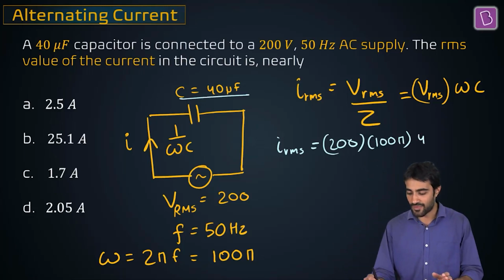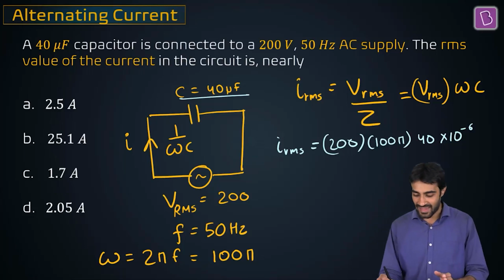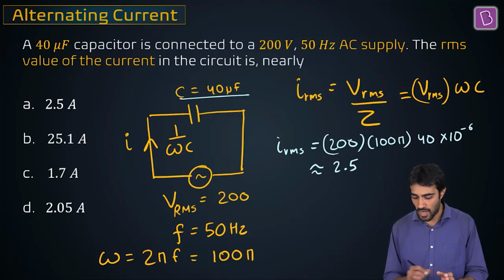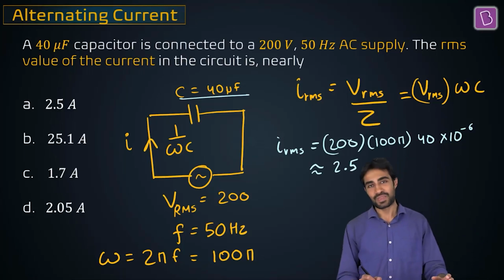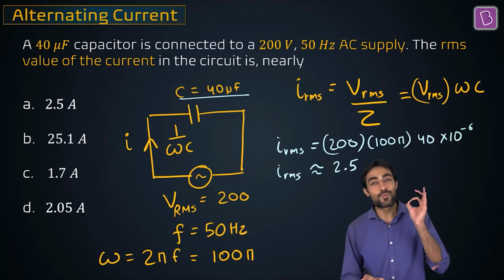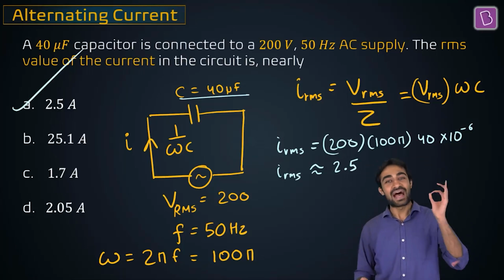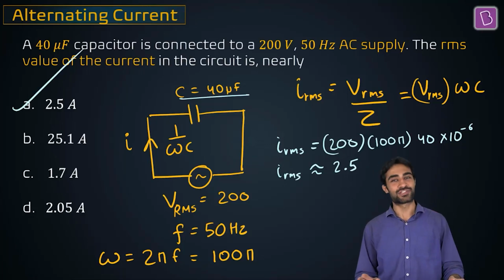So let me multiply 40 times 10 raised to power minus 6. Alright, okay. And this value, if you calculate, will come to be approximately around 2.5. So RMS current is 2.5 ampere nearly. We can mark option A as the right answer for our question.